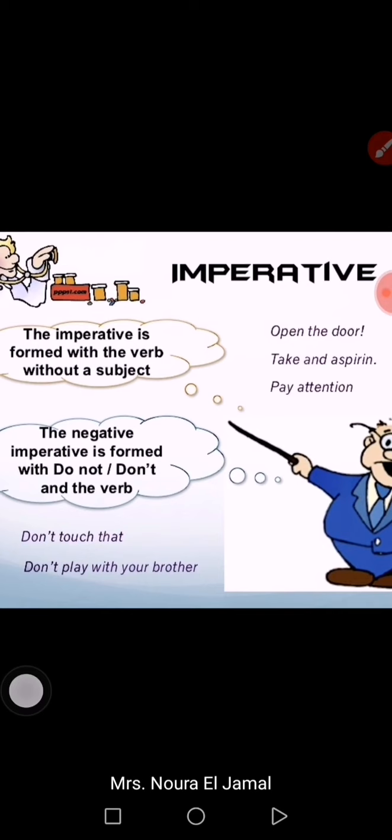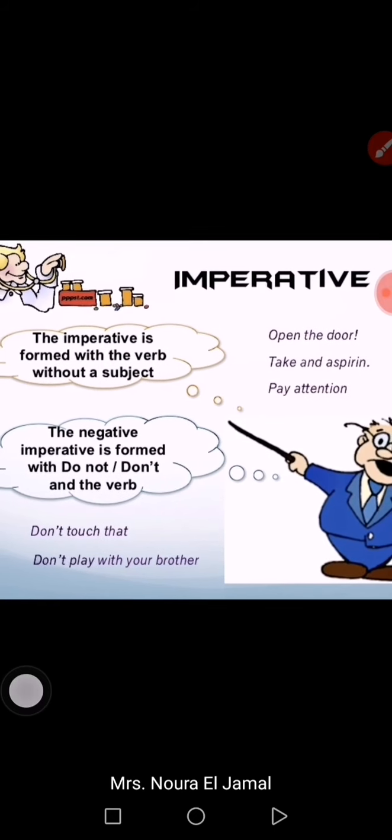Open the door. Take an aspirin. Pay attention. Don't touch that. Don't play with your brother. All these sentences start with a verb or with the negative form here, don't touch or don't play.